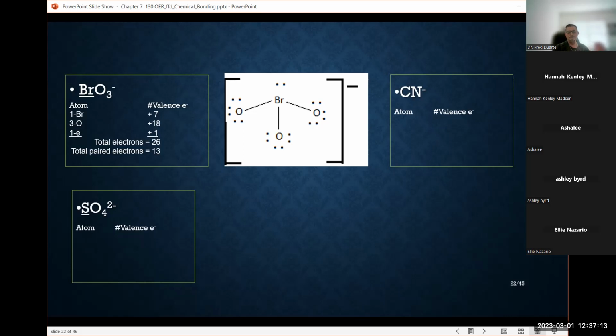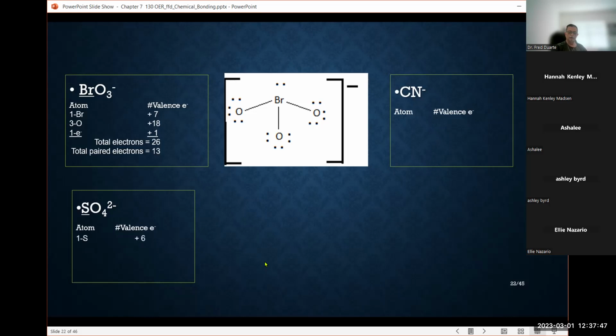How about a +2? Remember, if it's negative, we add a number that represents the total charge of the polyatomic ion. So if it had a -3 charge, we add a +3. -2 charge, we add a +2. -1 charge, we add a +1. It's the opposite for the positive ions. If it's a +1, we subtract 1. If it's a +2, which is rare, we subtract 2.